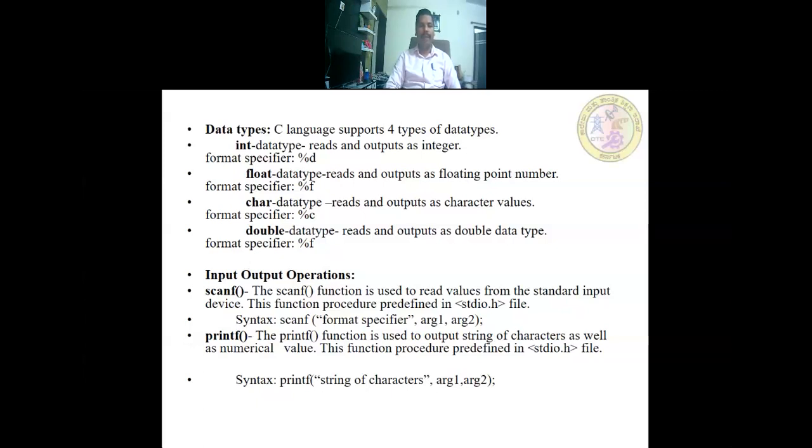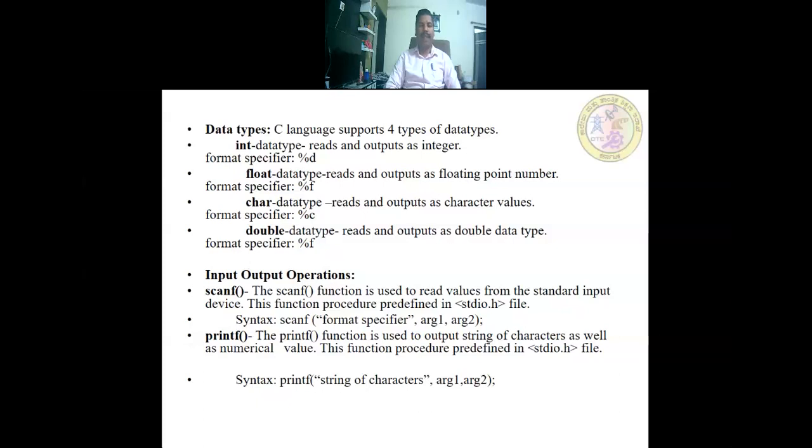The syntax of the scanf function is: format specifier, which is enclosed within double quotation marks, followed by argument 1 and argument 2. Here argument 1 is, assume, ampersand a.